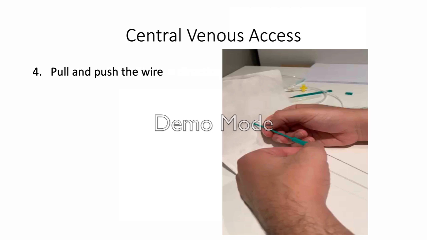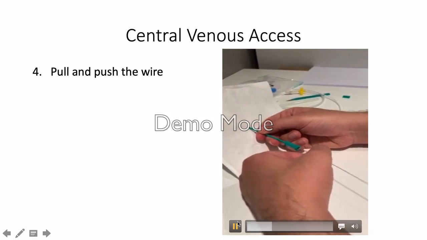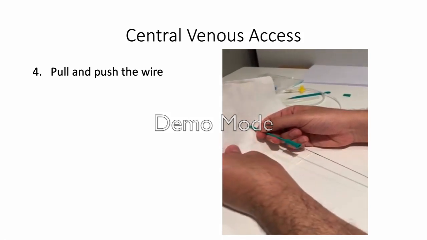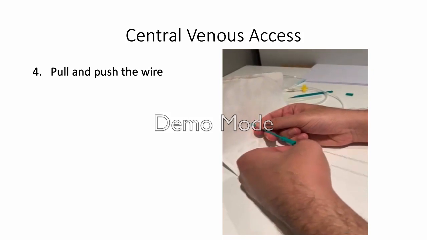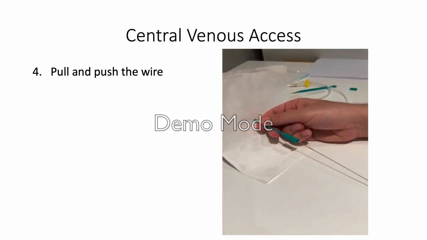So for each 1 centimeter you are inserting the dilator in, check the guide wire back and forth to make sure that the guide wire is not kinked, as shown in this video. I'm going inside and then back and forth. I will go 1 more centimeter, check my guide wire again. It should be smooth without any problem.